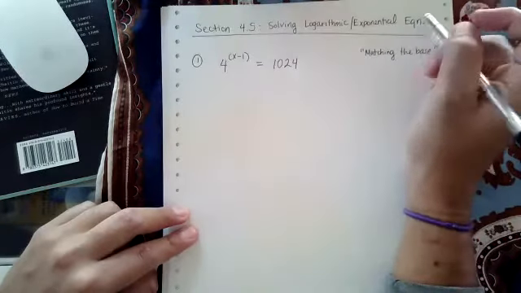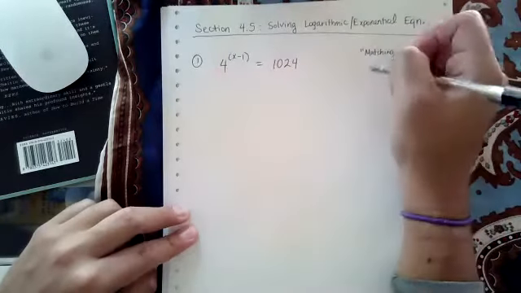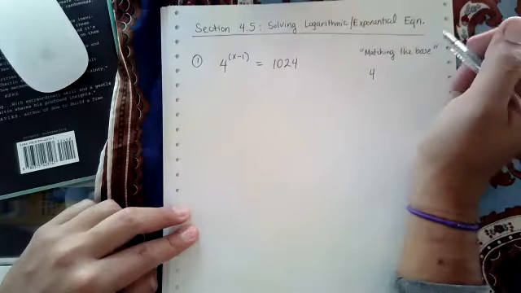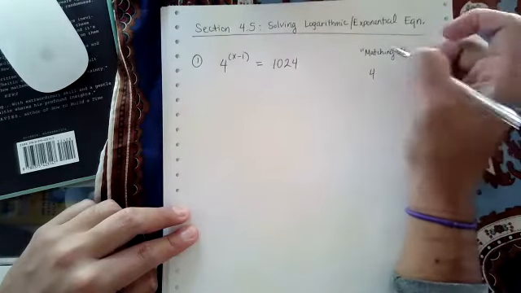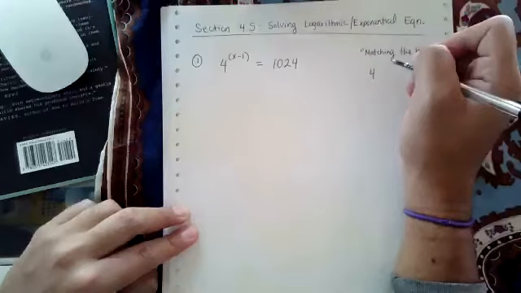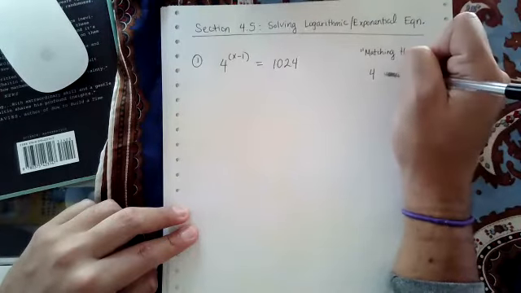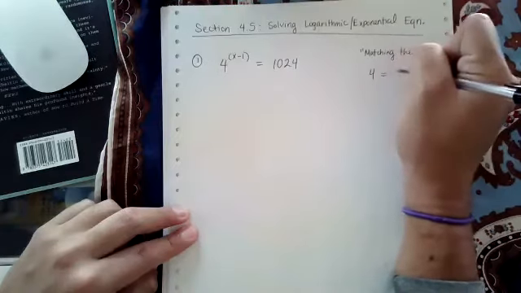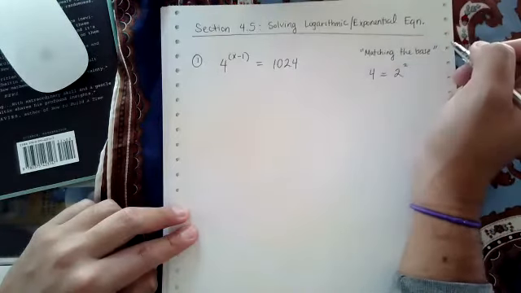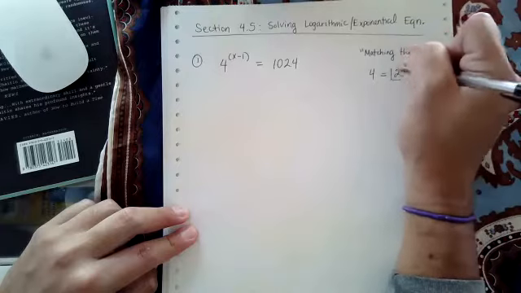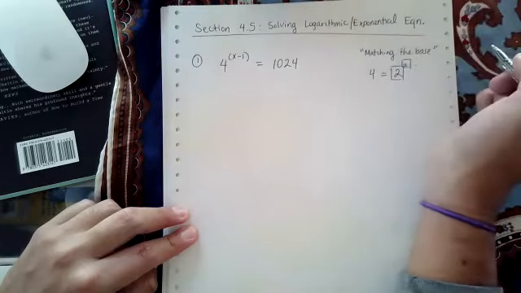So what we might try to do is take the base of 4 and we could try to write that as 2 to the second power, right? Something raised to some power.